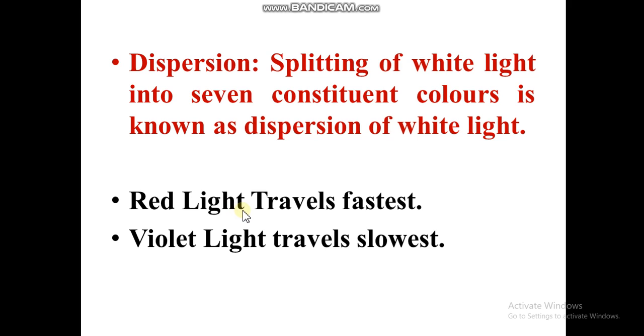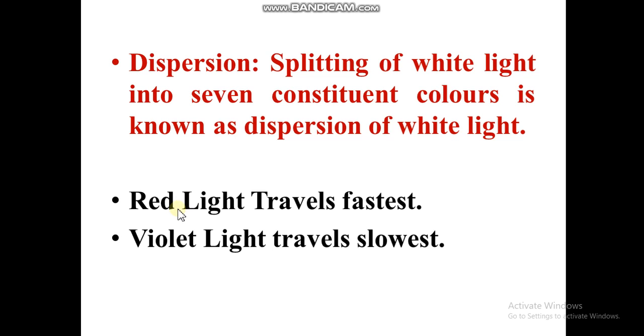So why does white light split into different colors when it travels through glass? The white light is composed of 7 different colors, and these have different wavelengths. It means they do not travel at the same speed through any object.